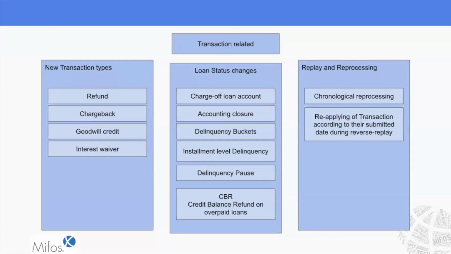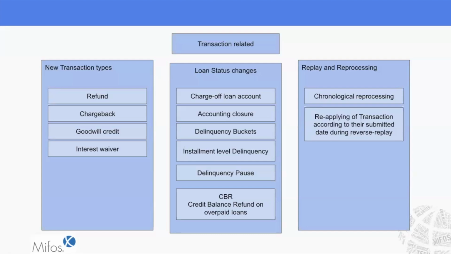And CBR, credit balance refund. Whenever the loan is overpaid, as I said, there is no concept of close loan at all. In Finarac, when the loan is overpaid, it moves into an overpaid state and no other transaction can be performed. So we have given an option called credit balance refund on overpaid loans.